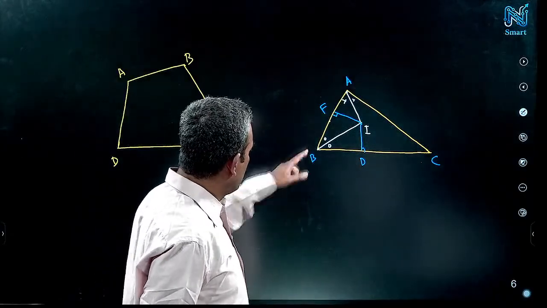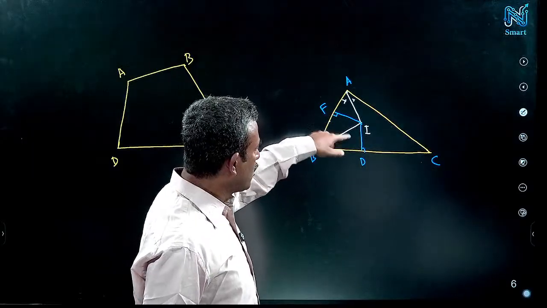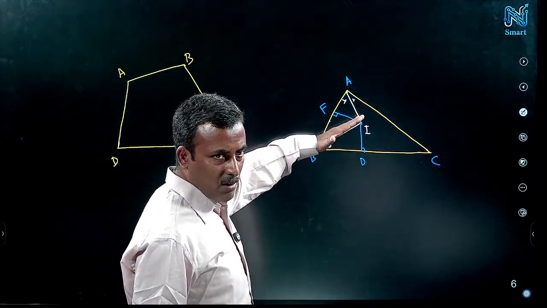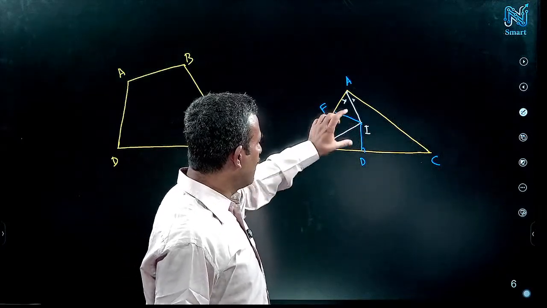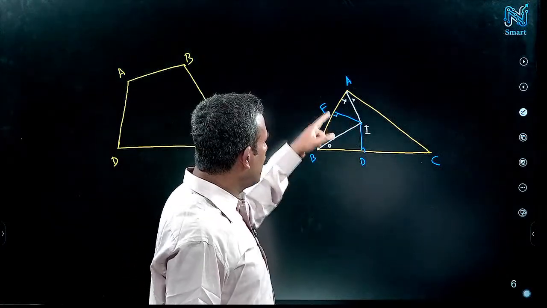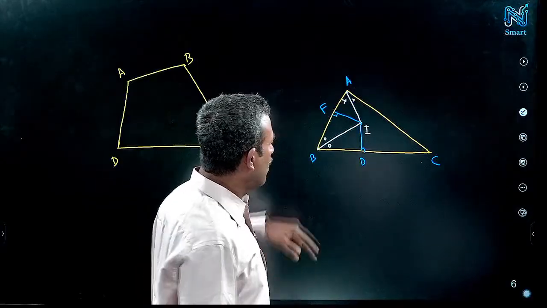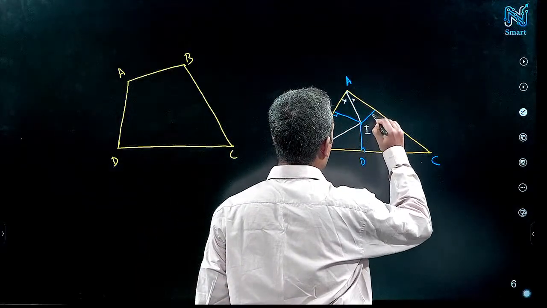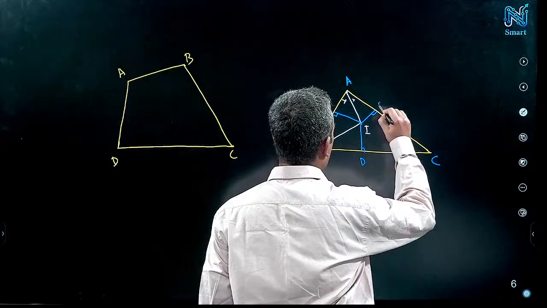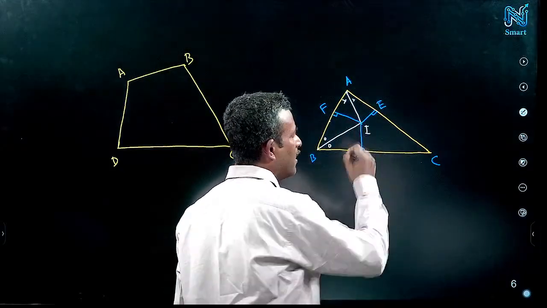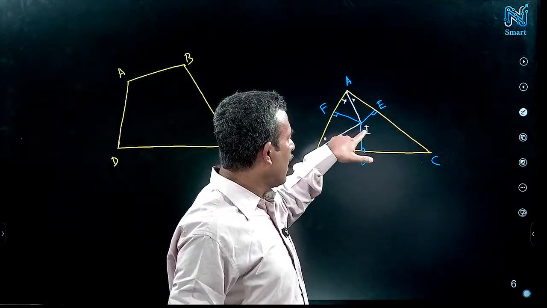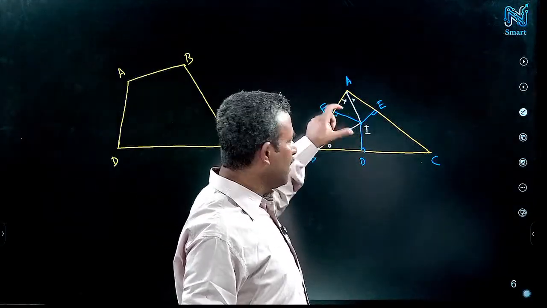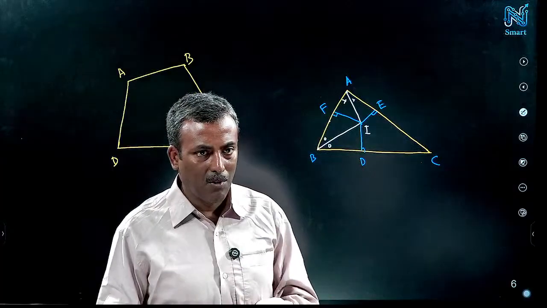Two angles are equal, both are 90°, angle side angle congruent. So that means IF equals ID. Similarly, if we take the perpendicular to E, then IE is the same as IF. So all are equal, and now take I as a center and ID as a radius, then it touches all three sides.